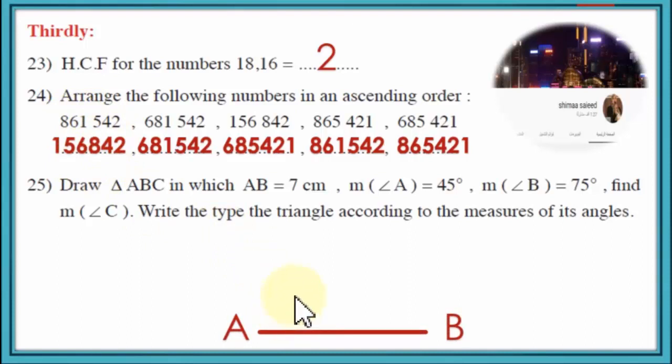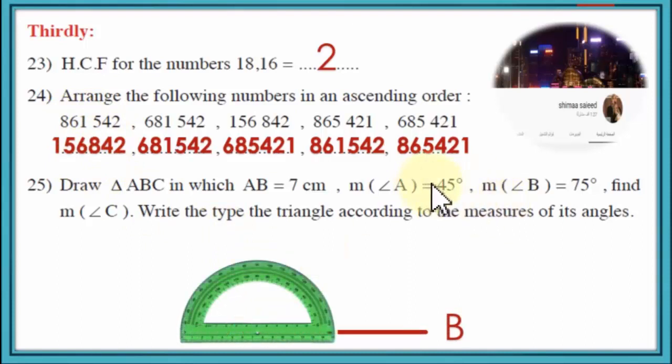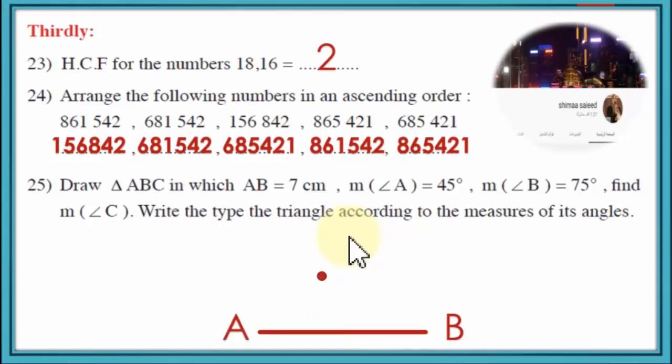After that, we will use our protractor to measure angle A. Angle A is 45 degrees, then 20, 30, 40, between 40 and 50. Put dot. Then use your ruler and your pencil to draw a line segment passing through this dot.